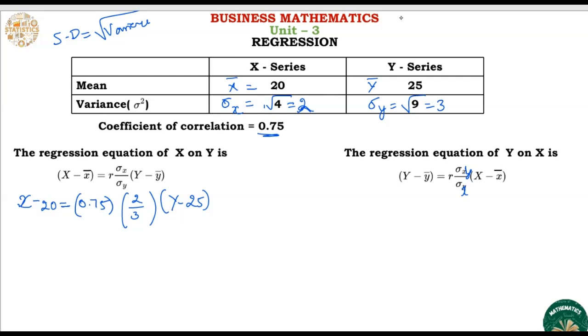So now x minus 20 equals 0.75 into 2 by 3. First we have to do the division, or you can multiply and do the division also. So we will just multiply. If I multiply here, it will be 0.25 into 2 into y minus 25.